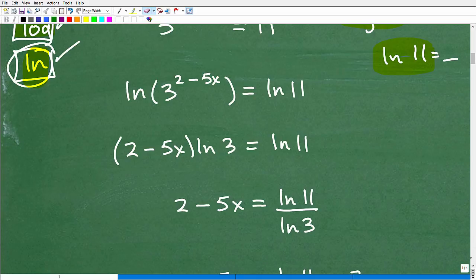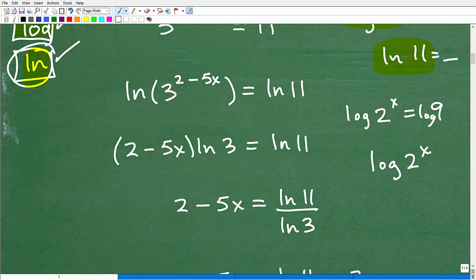I said that you should have your calculator available because you might be looking for a decimal answer. But just know that ln 11 is an actual numeric value, so in your brain, you'd be thinking, oh, that's just a number. Now we have ln of 3 to the 2 minus 5x. What do I do here? This is where we have to know the property of logarithms. Let me show you. If I have 2 to the x equal to 9, and I take the log or the ln of both sides, I get the log of 2 to the x.